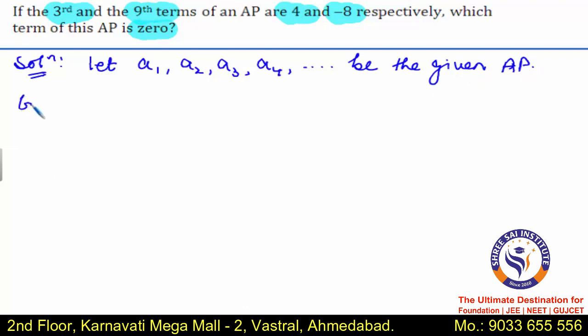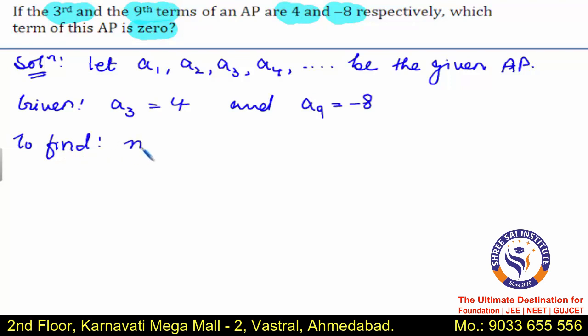Here we are given that the third term of this AP is equal to 4 and the ninth term is equal to minus 8. And we have to find the nth term such that it is equal to 0.